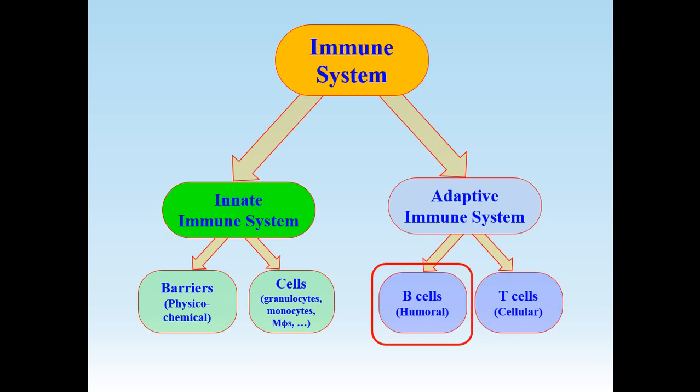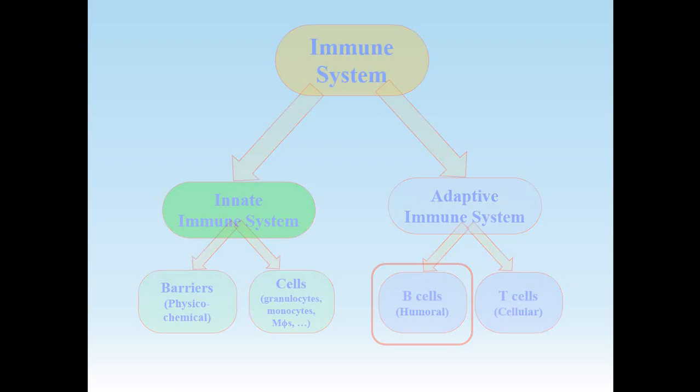The adaptive immune system itself is composed of humoral and cellular parts. B cells are responsible for the humoral part, and T cells are responsible for the cellular part. So in this class, we're going to talk about the humoral immune system, basically the story of B cells from the beginning to the end. And then in the next class, we'll be talking about T lymphocytes and so-called cellular immunity.